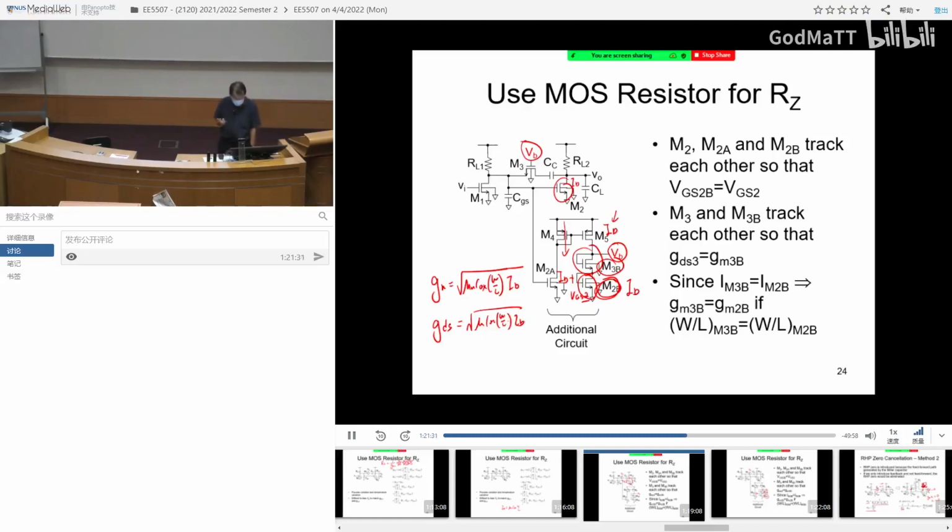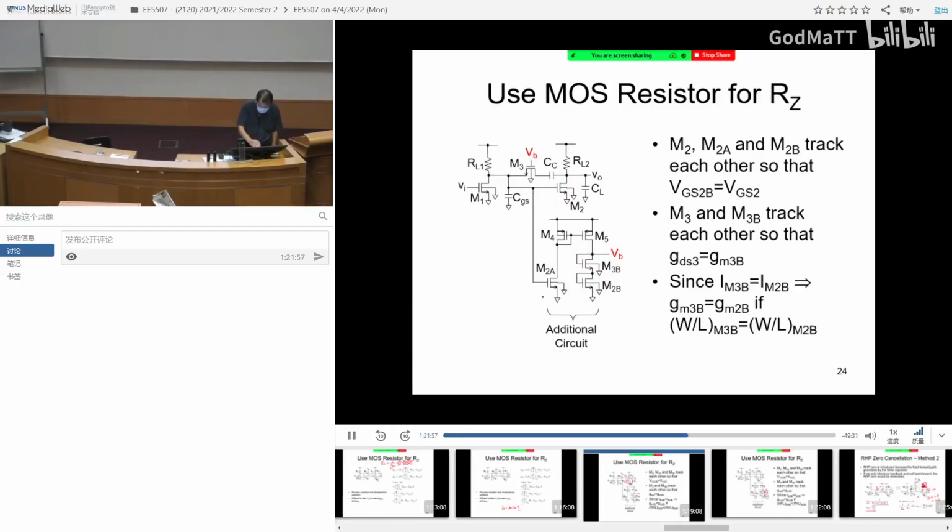They are identical. So if you guarantee the same current, and the transistor sizing is also identical, you can guarantee GDS equals GM, right? You don't even care about what the VGS is, what the VB is. You guarantee the same current flowing through. They will exhibit similar GDS and GM. And that is the beauty of this circuit.